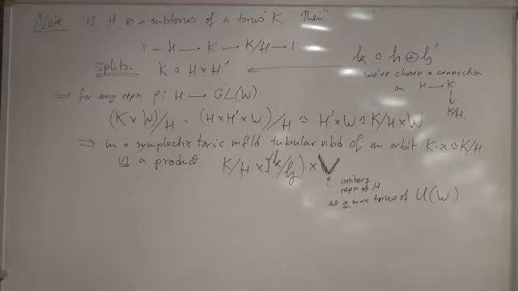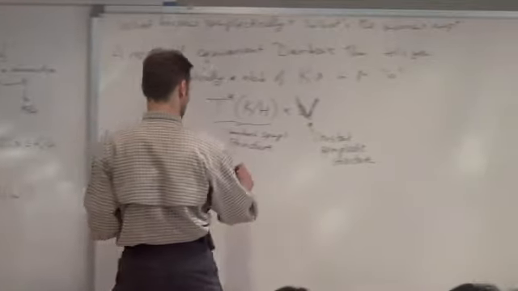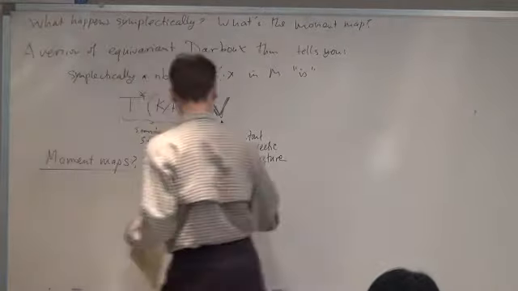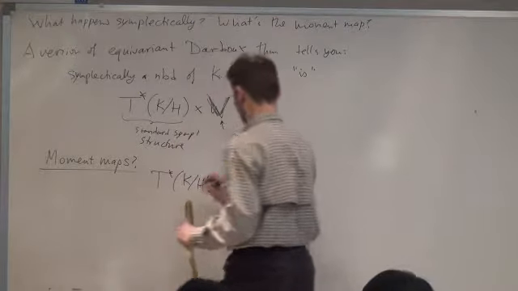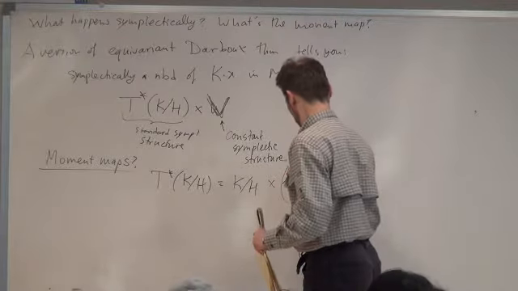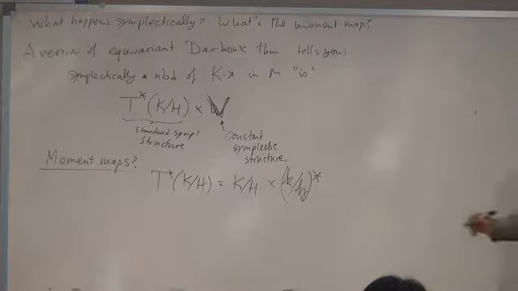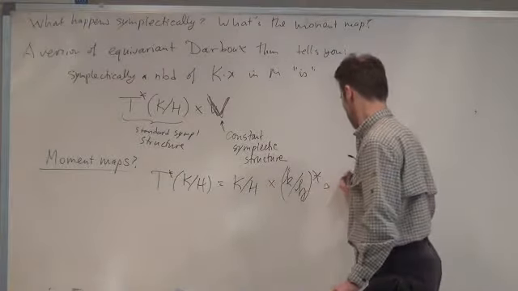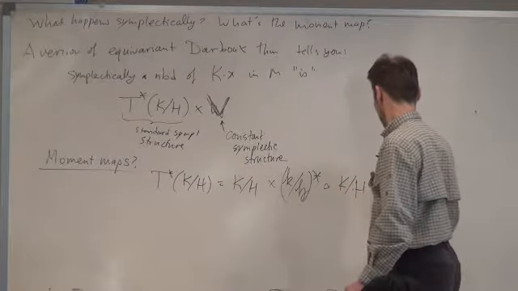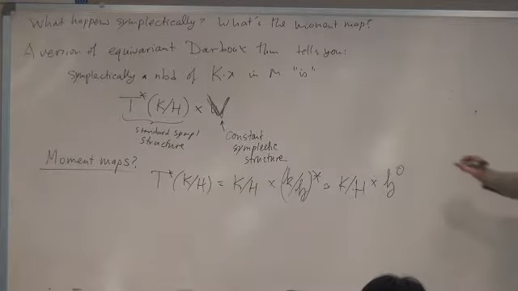This will come in when I start looking at the moment map here. So T star of K mod H is really K mod H, remember, everything is abelian, cross K mod H dual. No action. Well, the dual of the quotient is the annihilator of the subspace.